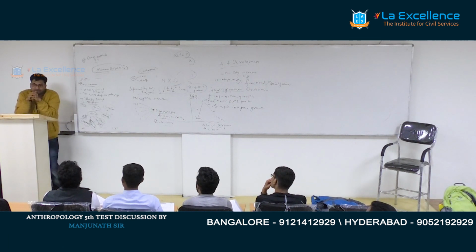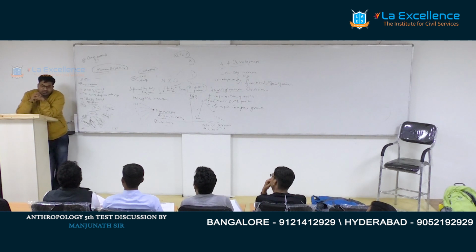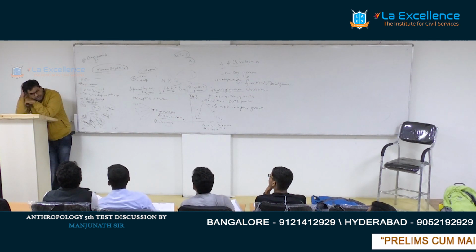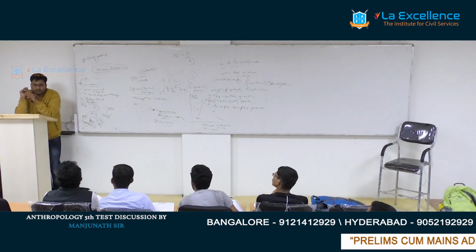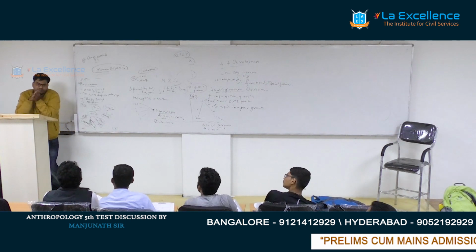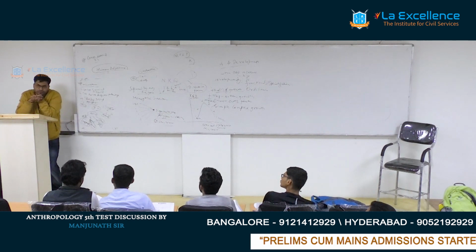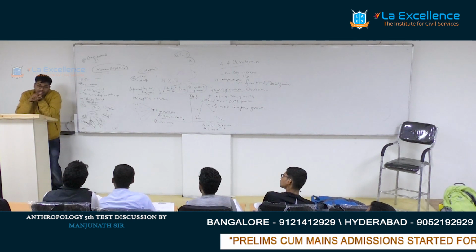There you concentrate on chapter 9, that tribal administration part, the history of tribal administration, and this tribal Panchsheel, every time they'll have that part, and then which is the best approach, the integrated approach. So that topic is important, and chapter 7 is important.